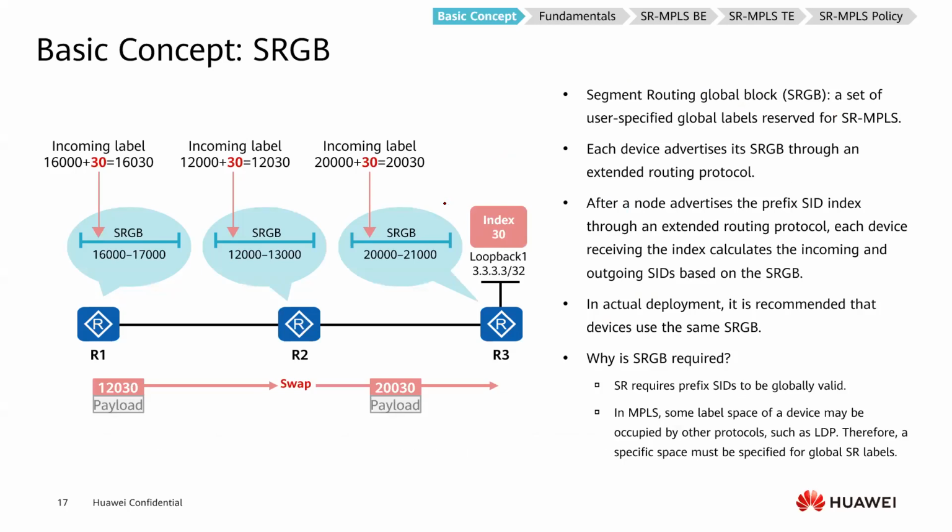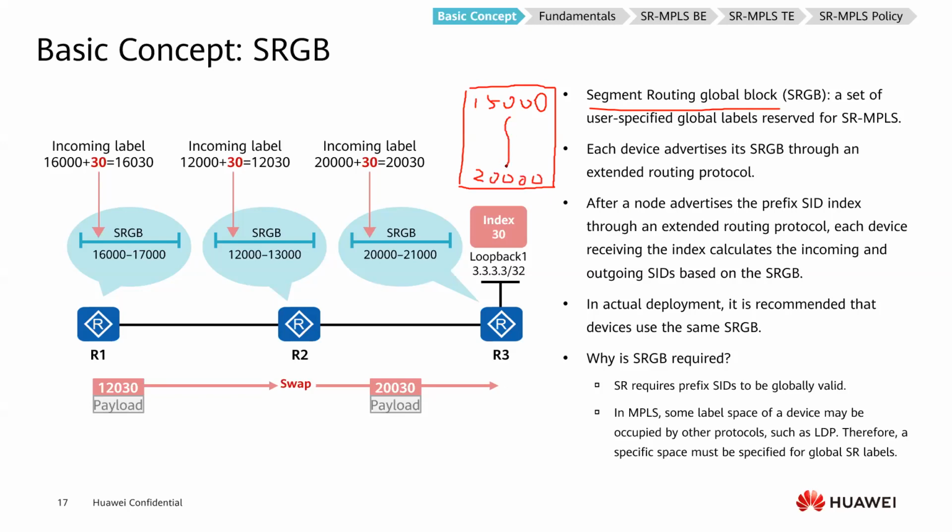Okay, and there's another concept called SRGB. SRGB stands for Segment Routing Global Block. So what is that? It means the SR MPLS label zone. For example, I have an SRGB from 15,000 to 20,000.